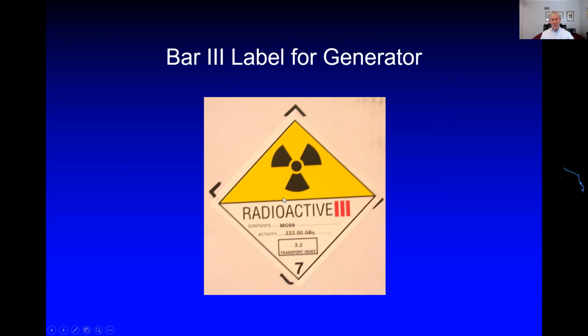A bar 1 label would be for like a cold kit with 20 microcuries in it, not millicuries, but microcuries. So a bar 3 label, this is called a yellow 3 because the top is yellow. The other labels would be a yellow 2 and then a white 1. The white has no yellow on it at all, but they all have the radioactivity symbol.